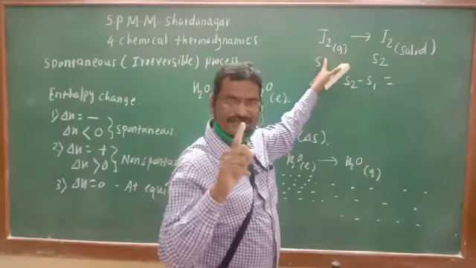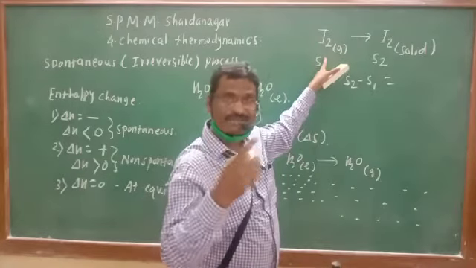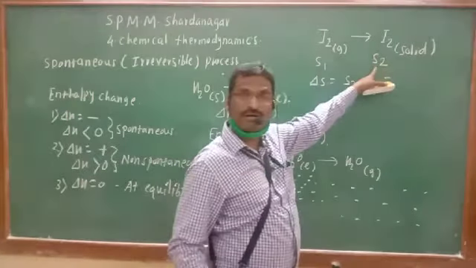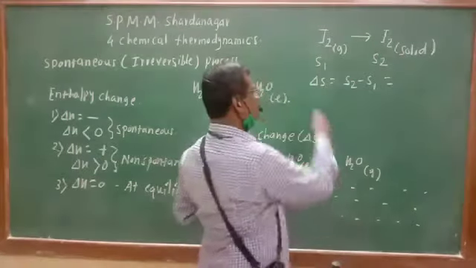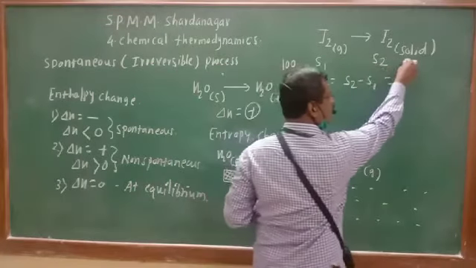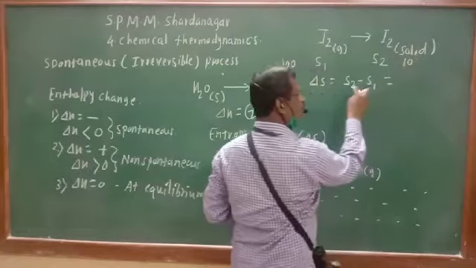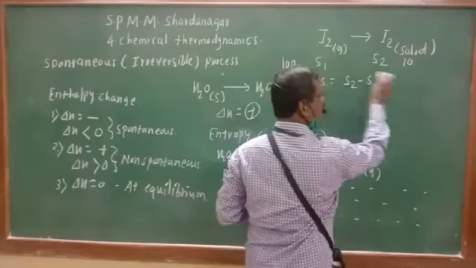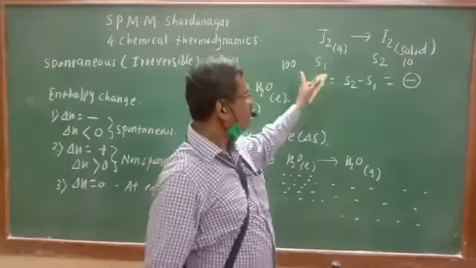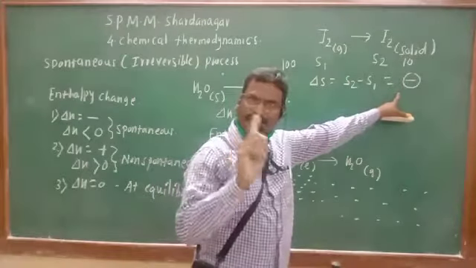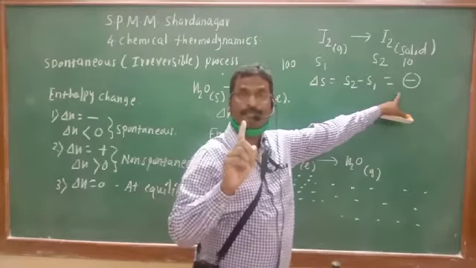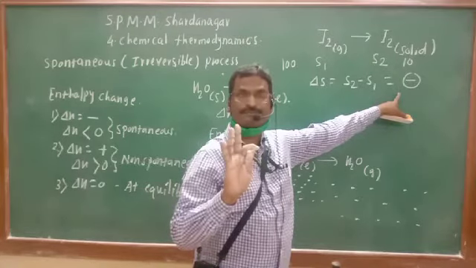Gas. For gaseous state, randomness is maximum, disorder is maximum, and for solid, disorder is minimum. So if this is 100, this will be less than 100, so let it be 10. So this will be 10 minus 100 equals minus 90, negative. Change in entropy is negative. Therefore, this process is not spontaneous.